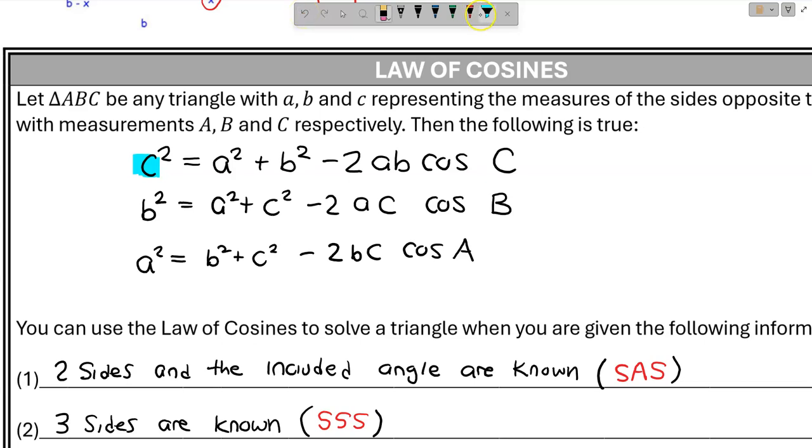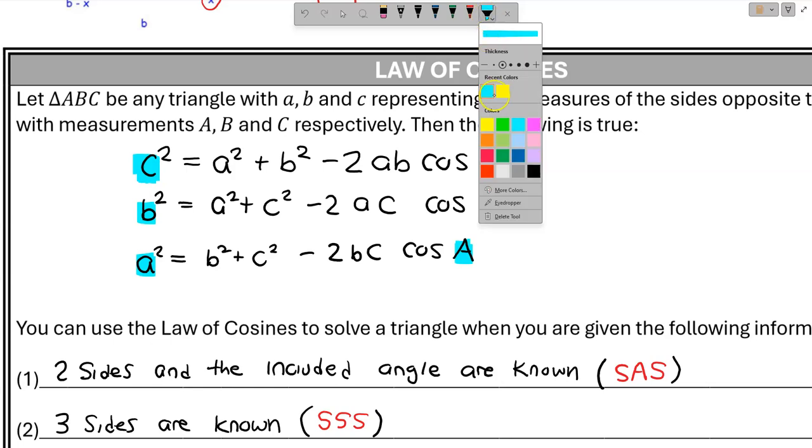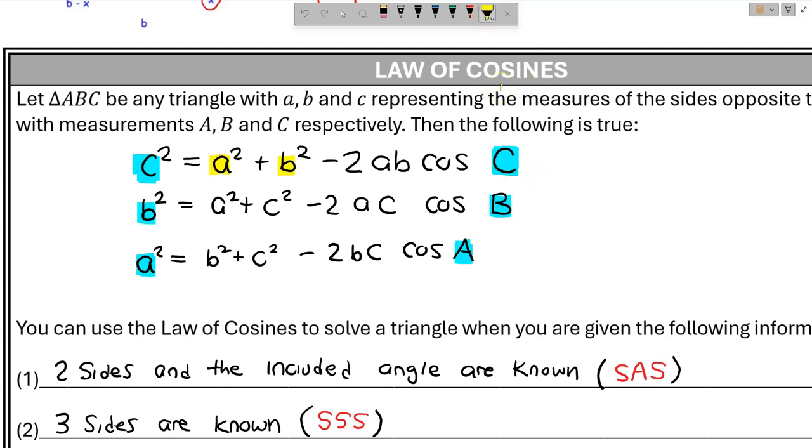All that has to happen is whatever side length you put by itself must also be the opposite angle that we find. So notice c squared and C, b squared and B, and a squared and A. So even though we have three formulas, all three formulas have the same types of patterns. For example, a and b, you see a and b listed there, a and c listed here, and b and c listed here.